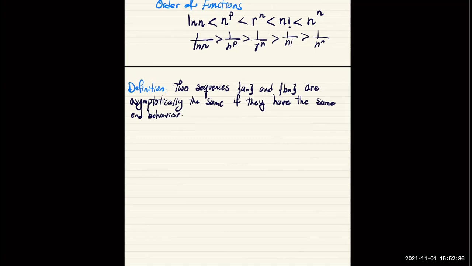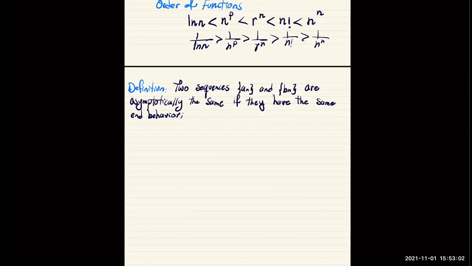A horizontal asymptote of a function describes the end behavior of that function. So if you have a function f of x, your function is asymptotically the same as that horizontal asymptote, because in the long run, it gets to it. It has the same end behavior as that horizontal asymptote.